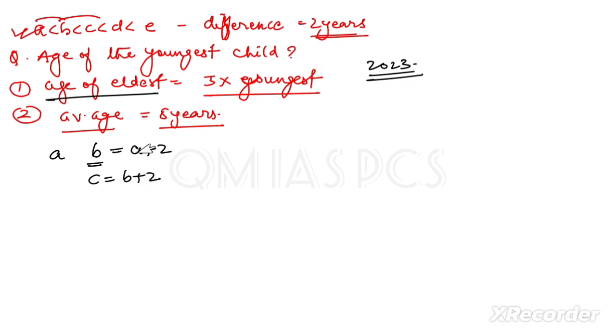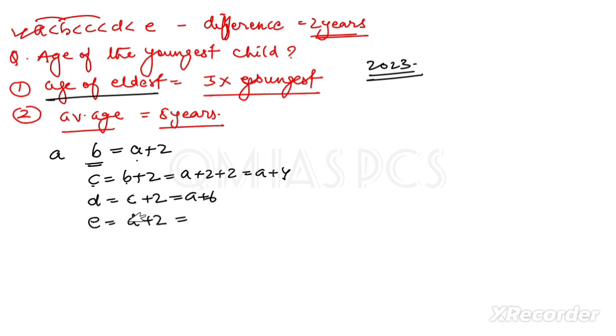But if you compare this, B is equal to A plus 2, so you can replace B by A plus 2. So it will be A plus 2 plus 2, that will be A plus 4. In place of D you can write C plus 2, but in place of C you can write A plus 4. So it will be A plus 6. In place of E you can write D plus 2.